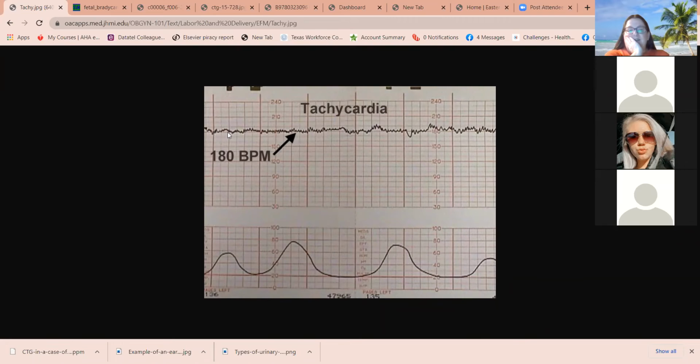180. Okay, so is this within normal limits? What is it? Tachycardia. Okay, so variability, moderate variability, accels, decels.